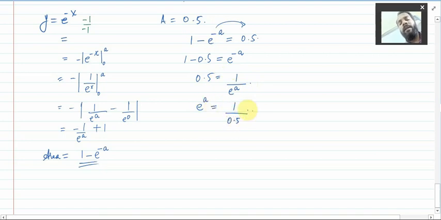Alright. Further, e to the power a. Now 1 divided by 0.5, it's 2. Alright. Now we need to find out the value of a here, and the reciprocal of exponential is ln. So we need to apply ln here because we need to find out the value of a, and whenever we have power in terms of bases, we need to apply logs, so that the property of log is it can express the power as a coefficient, right?